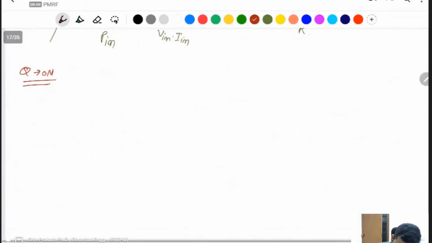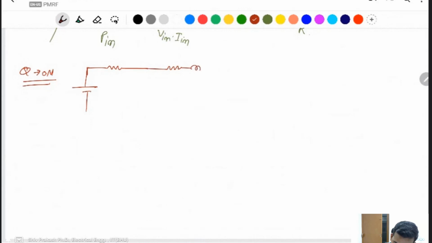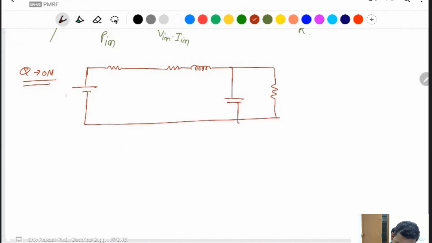So V in, minus R on, RL, this one is C, R on, this one the current I L, inductor L, V C, this one is the C, R, V naught, I R. And what is the VL?